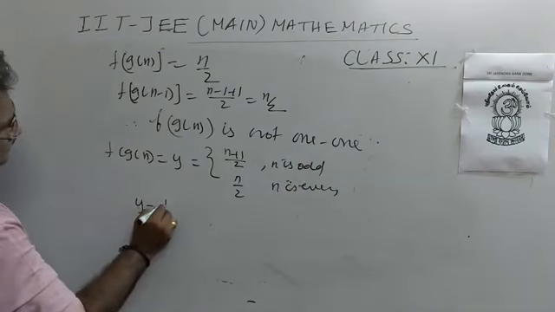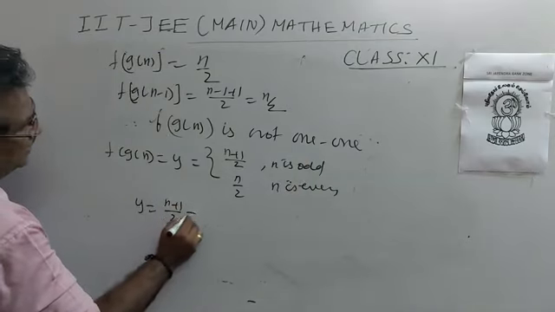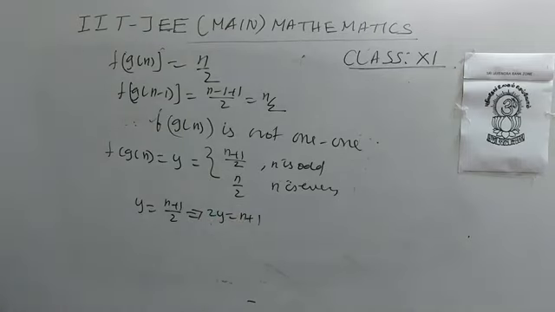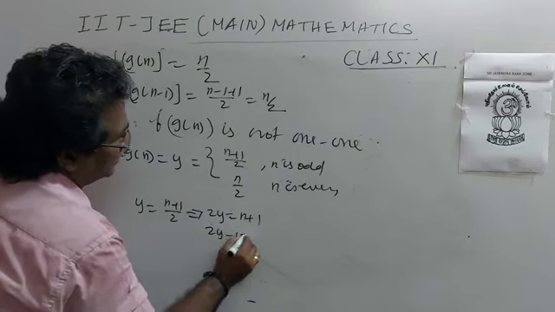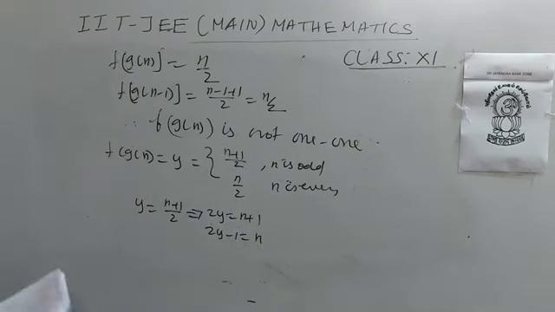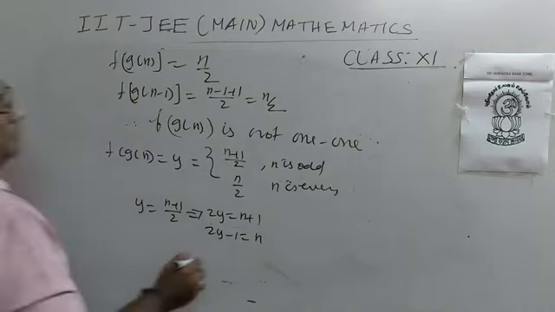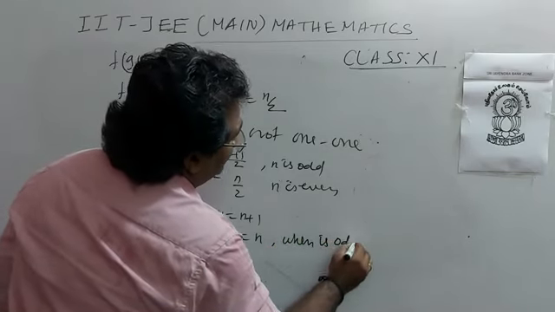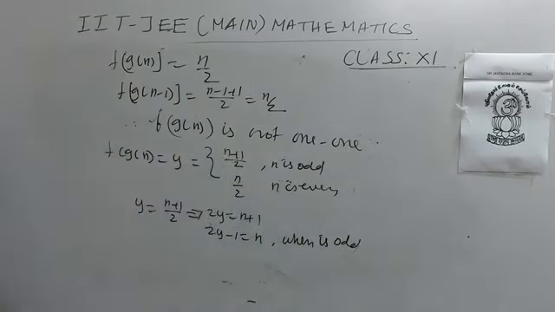Y equal to (n plus 1) by 2, which implies 2y equal to n plus 1, so 2y minus 1 equal to n, when n is odd.